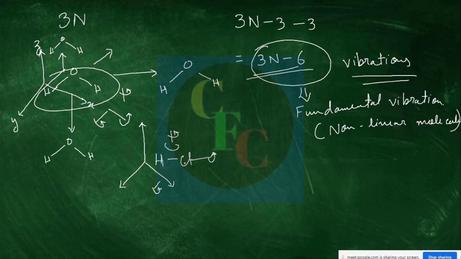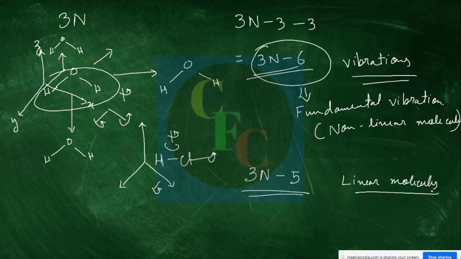But suppose the HCl is along the X axis and you are rotating along the bond axis, then there will be no change in X and Y. So for a linear molecule, the number of fundamental vibrations is actually 3n minus 5, because there is one less rotation. So we have one more vibration for a linear molecule.